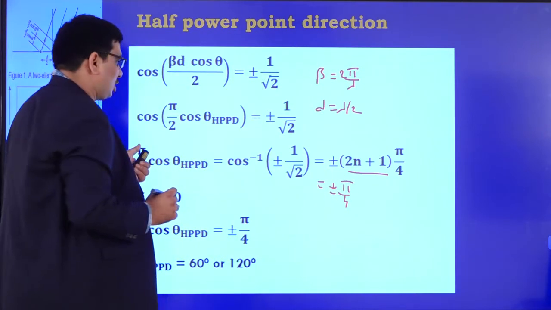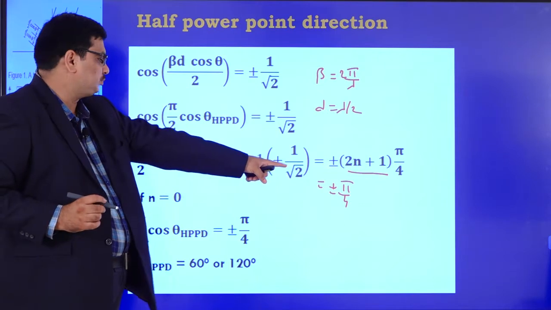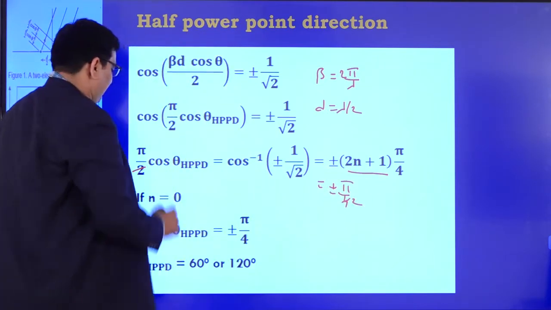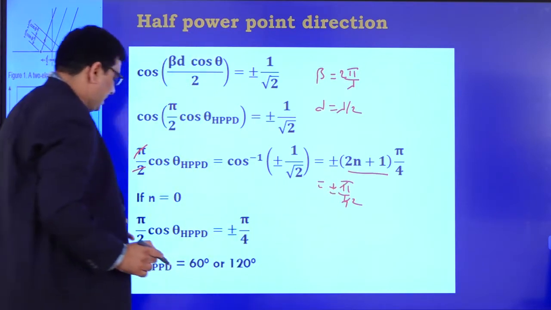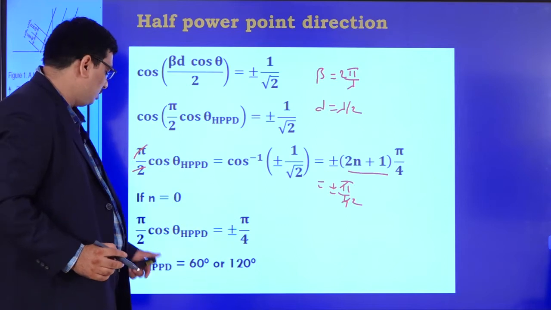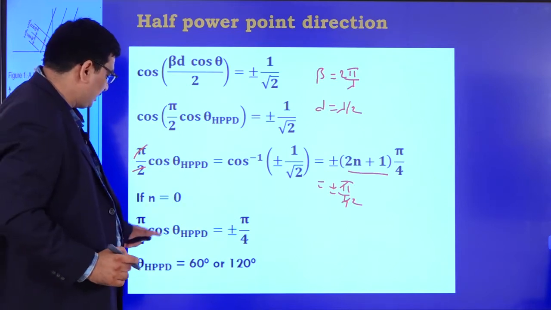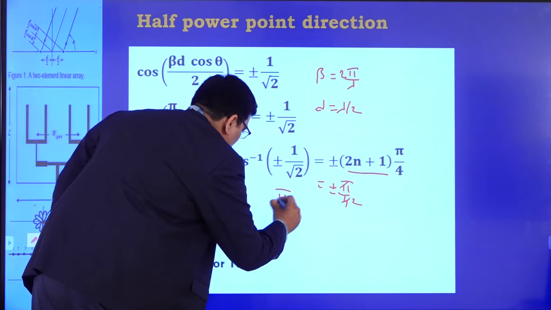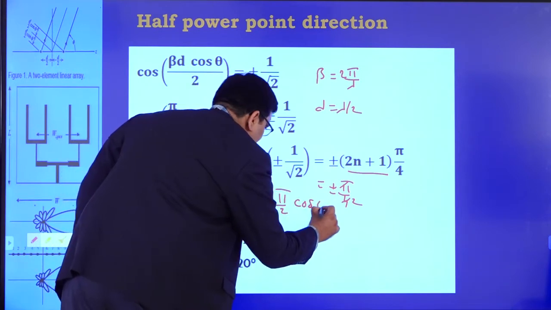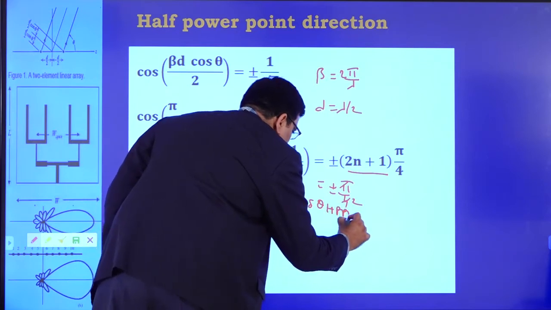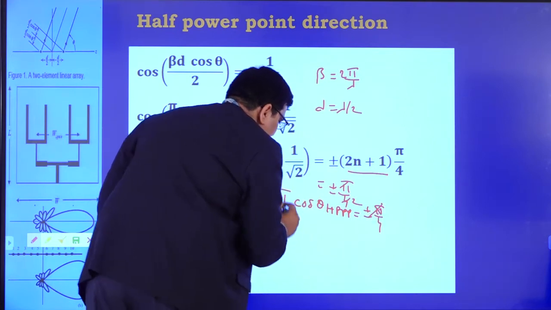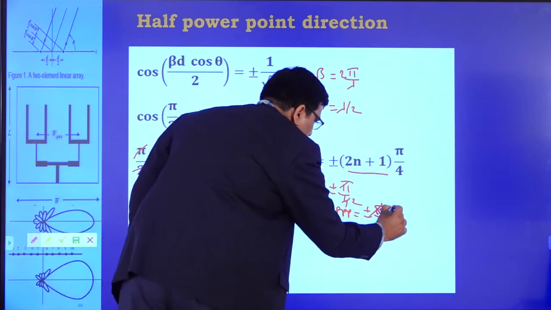So your pi by 2 cos theta is equal to plus or minus pi by 4. The 2 gets cancelled, and pi gets cancelled. After cancelling, cos theta is equal to plus or minus 1 by 2.